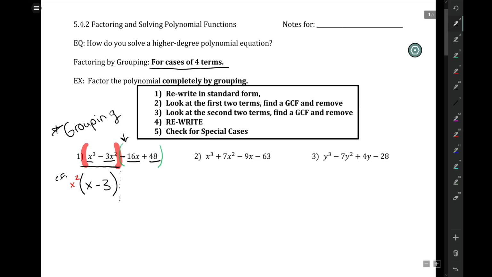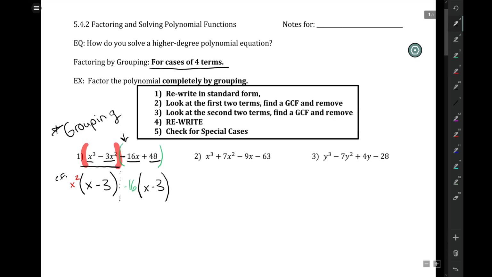Okay, in this other group, the green group, we have a common factor of negative 16. Okay, and what that leaves us with, hey, it leaves us with x minus 3.